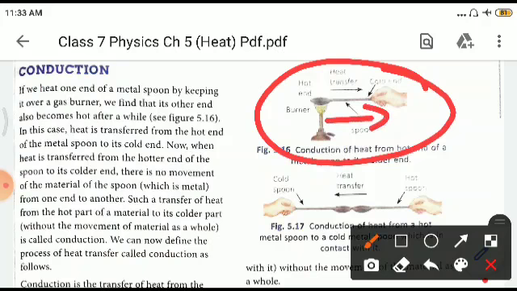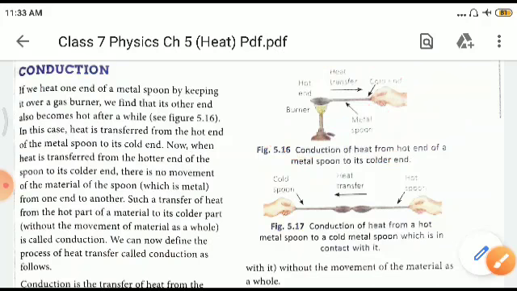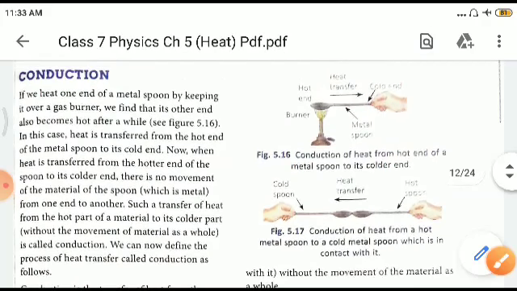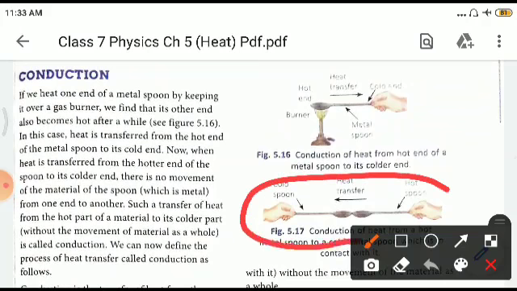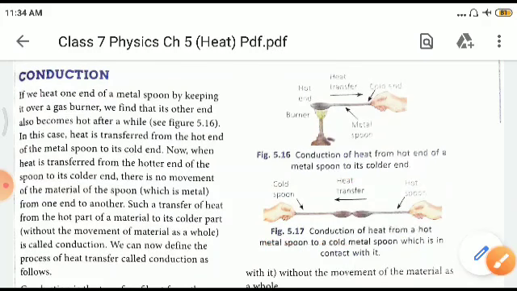Now if we take the same spoon and let somebody else touch it, then the heat is transferred into the other spoon also, right? The heat gets transferred into the other spoon.